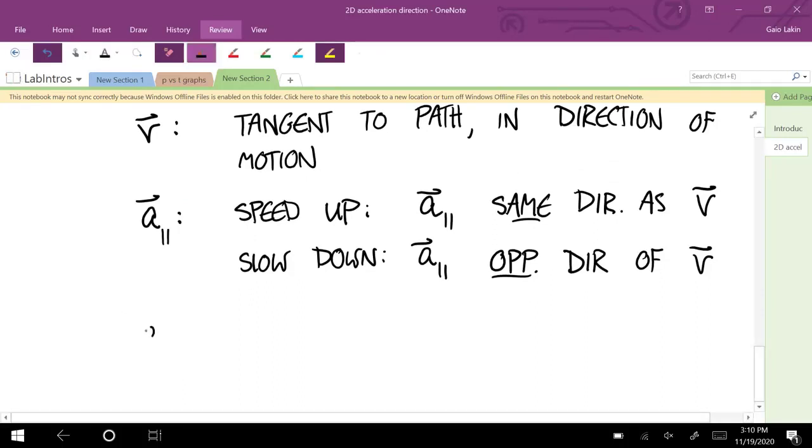So now we also have to think about this part of the acceleration, if we're in 2D, that's perpendicular to the velocity vector. And so the direction of the part of the acceleration perpendicular to the velocity is the way that the object is turning.